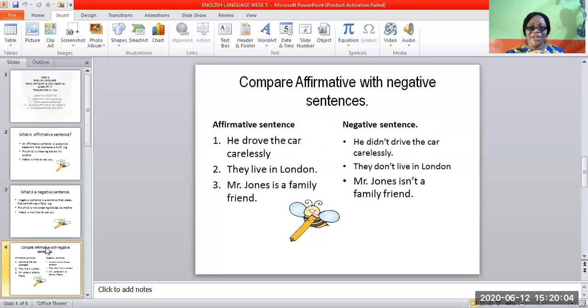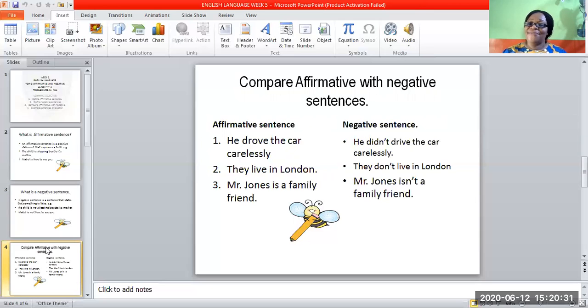Mr. Jones is a family friend. Affirmative. What's the negative of that sentence? Mr. Jones isn't a family friend, or Mr. Jones is not a family friend. Therefore, when you look at the negative sentences, you will see that contraction has been used.